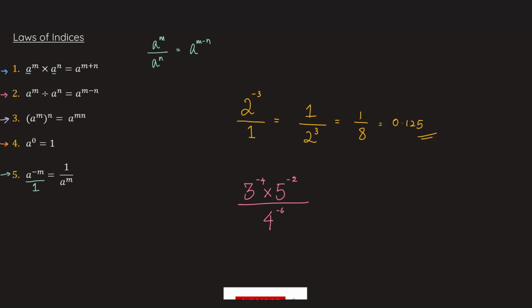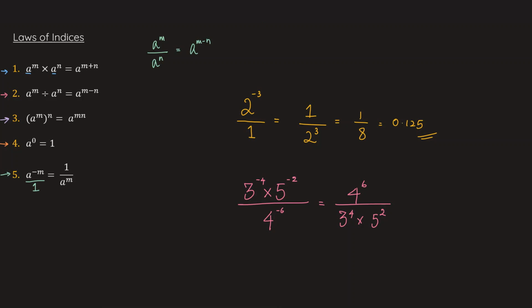If they are all negative powers, when we reciprocal, all the powers will change its sign. So the opposite of negative is positive. So you put 4 on top. So 4 becomes 4 to the power 6. This becomes 3 to the power 4 times 5 to the power 2. All the minus signs have been turned into positive because you put it upside down.